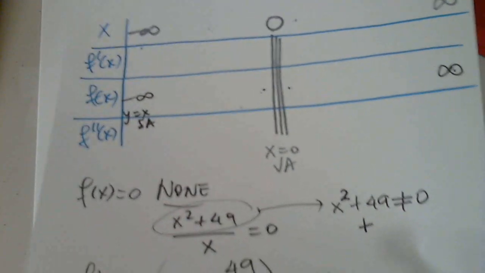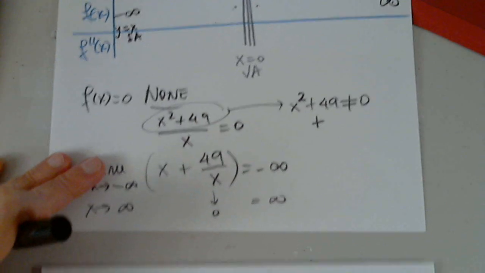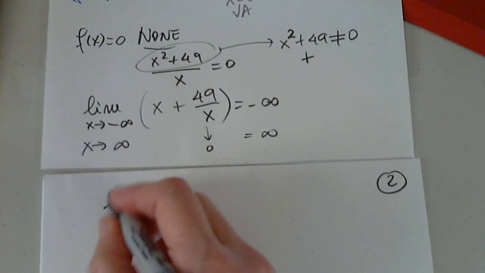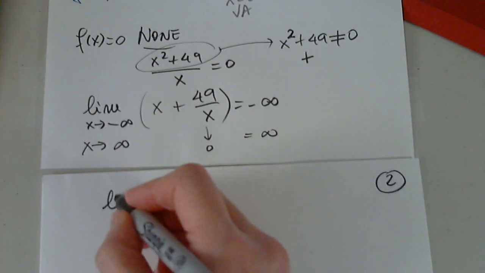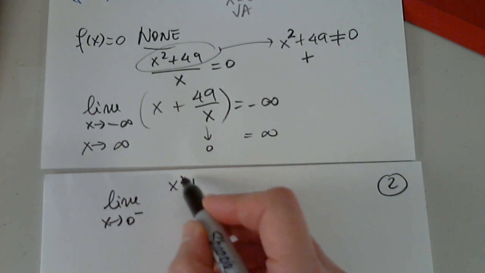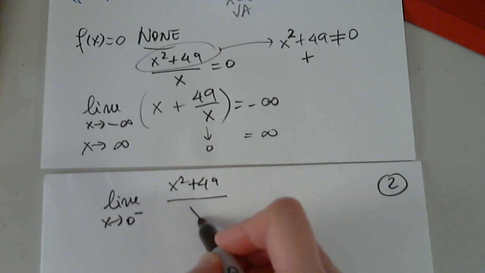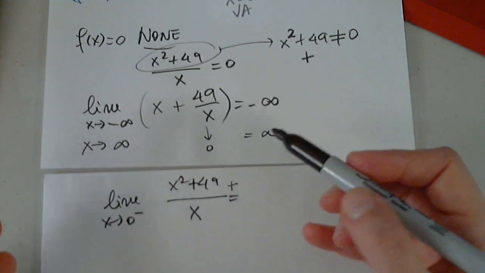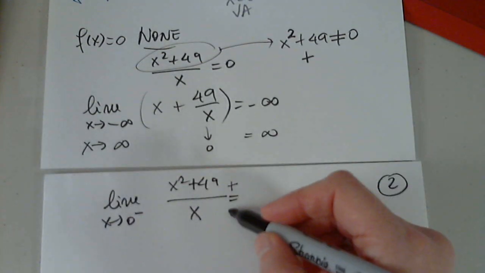Now I need the limits left and right of x equals 0. Limit as x approaches 0 from the left of x squared plus 49 divided by x. I know that the top is positive, no matter what I plug in, and the denominator is 0.